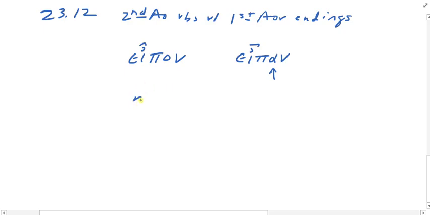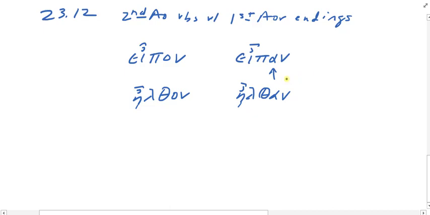Another example is elthon. So we have elthon from what lexical form? Erchomai, very good. So elthon is "to go" in the second aorist. So that's a second aorist form, but you can see that alpha nu ending instead of the omicron nu.